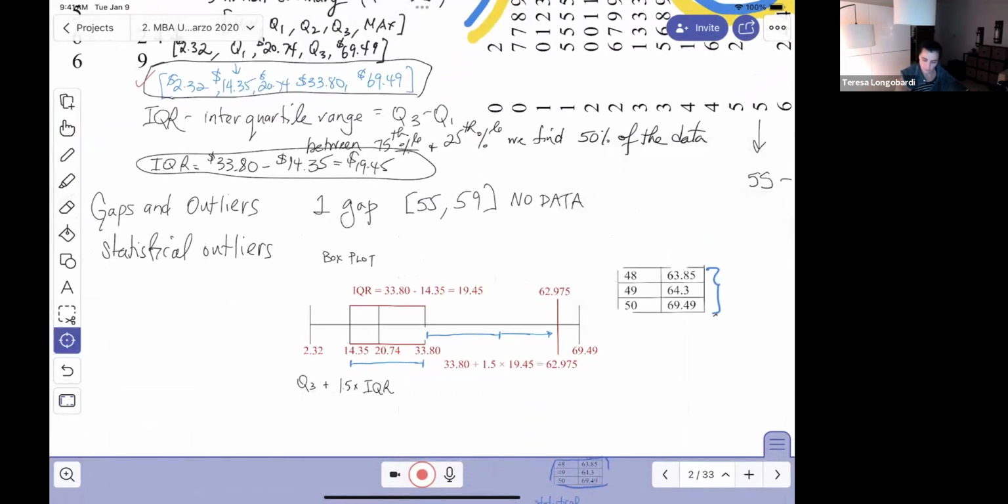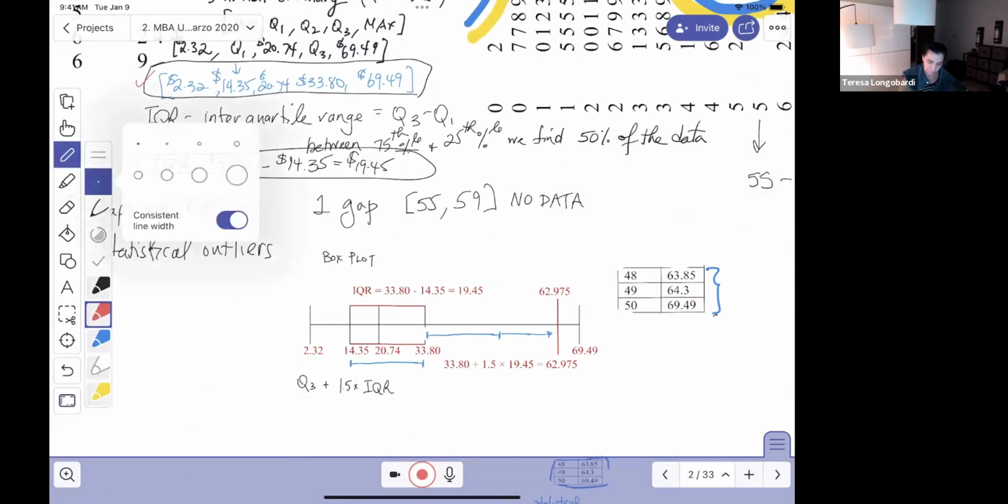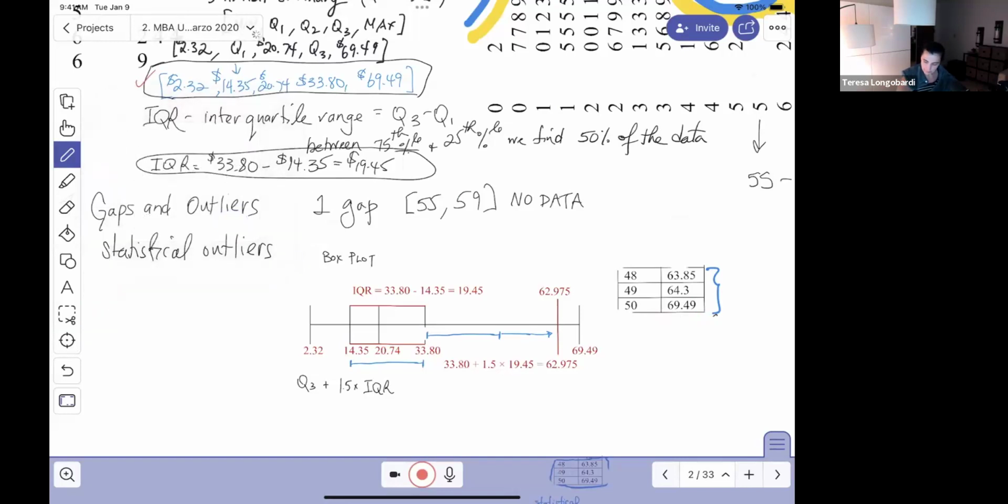Okay, so observation 6385 is in there, 6430, and 6949. So I can mark them. They're in there somewhere. I'm not doing a great job, but they're in there.